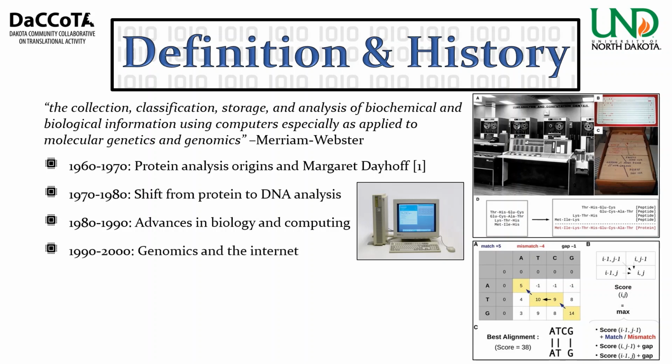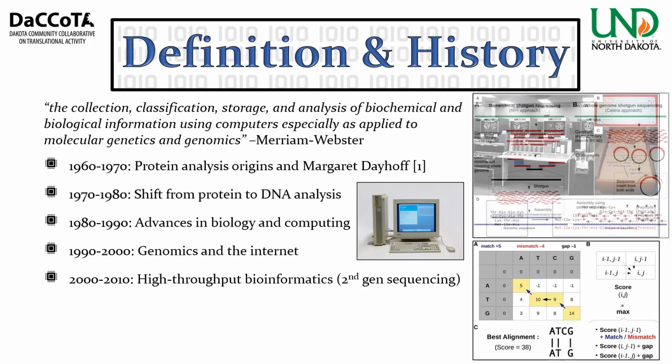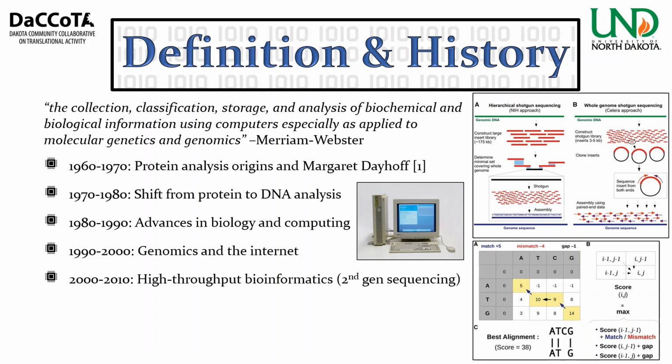In the 1990s and 2000s, that's where genomics, so sequencing whole genomes, really came into the light, and the start of using bioinformatics on the internet. Early 2000s to 2010, that's where high throughput bioinformatics came online. This was also known as second gen sequencing, where you could actually do higher level bioinformatics because the technology was catching up, and also the computation.